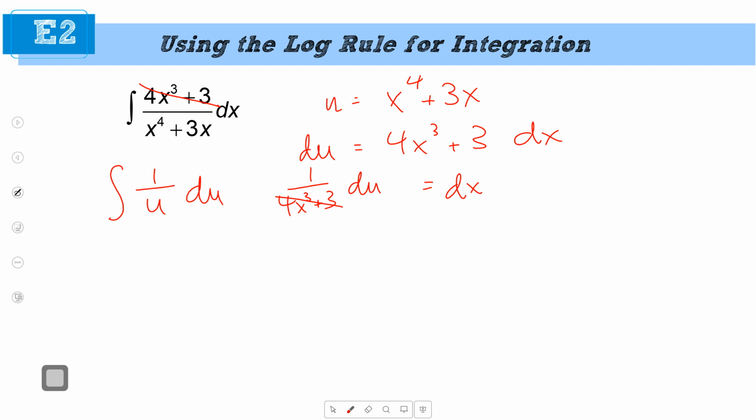Easy peasy lemon squeezy. What's the integral of 1 over u? ln u. Natural log of the absolute value of u plus c. Which means we have the natural log of the absolute value of x to the 4th plus 3x plus c.